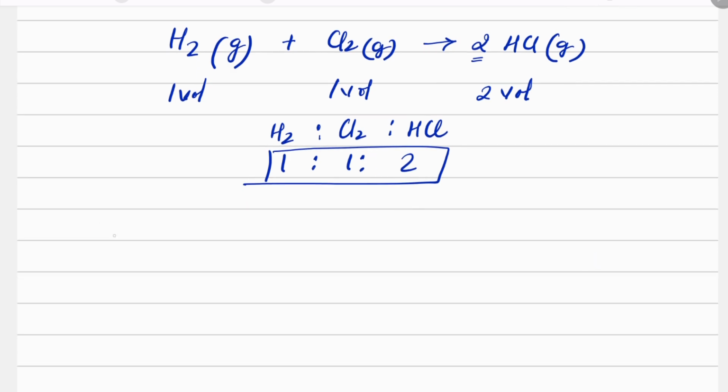Let's take another example. Suppose we are talking about H2 as a gas we have taken, and oxygen gas we have taken, and we are making water in the vapor form. That is also gaseous form, okay.